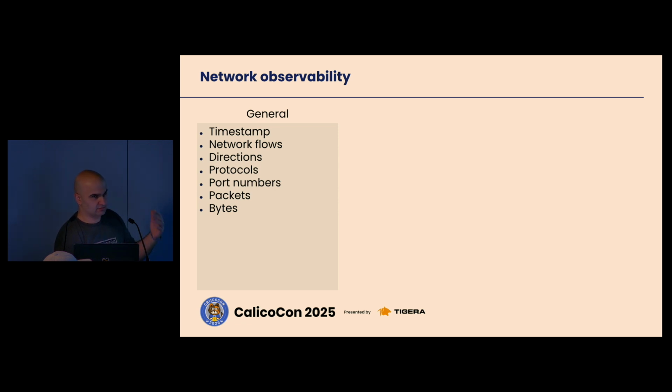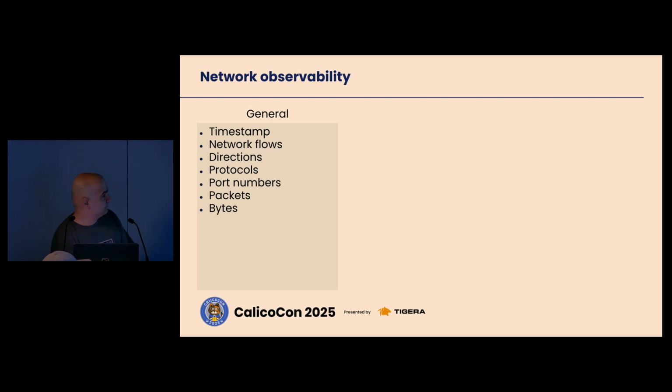It's an RFC somewhere on the internet. IPFIX would give you this sort of information. You would get timestamp, network flows, directions, protocols, port numbers, packets, bytes, these sort of things, very traditional information about what a packet is doing.